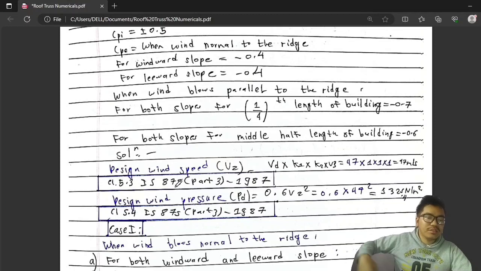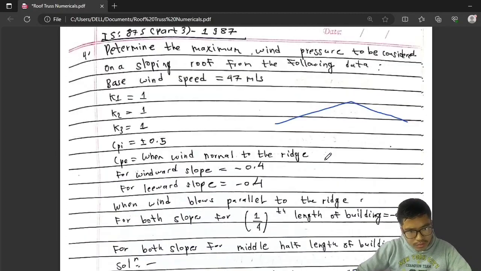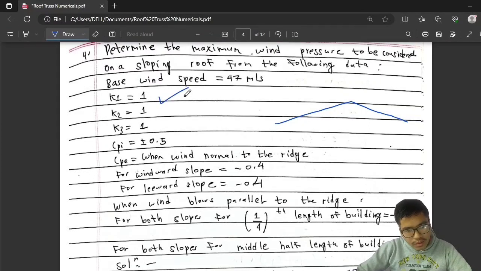From clause 5.3 of IS 875 part 3 of 1987, the formula is given: Vz is Vb into K1, K2 and K3. So K1, K2 and K3 all are 1.